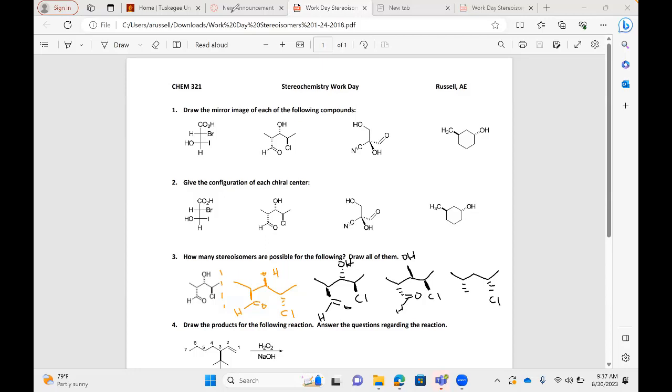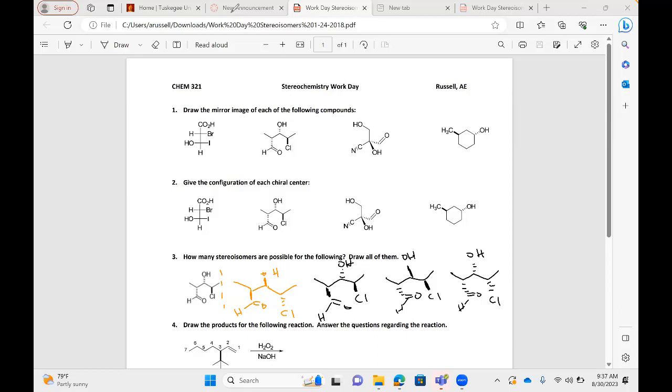This is here. Like that. And then this is here. Okay. That's a total of what? 1, 2, 3. That's 5. Is that right? That's 5 total stereoisomers, including the original.